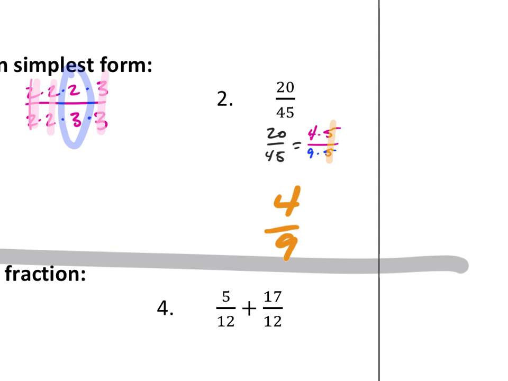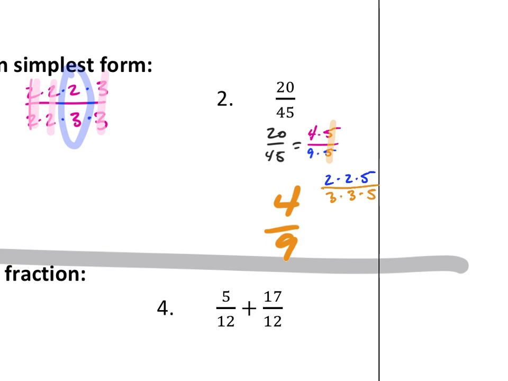Now, if I were to do it with prime factorization, you're going to make a hundreds chart in the next week or so. So this will become a useful tool for when we get into fractions. If you had your hundreds chart, you would just look and say, 20 is 2 times 2 times 5, and 45 is 3 times 3 times 5.